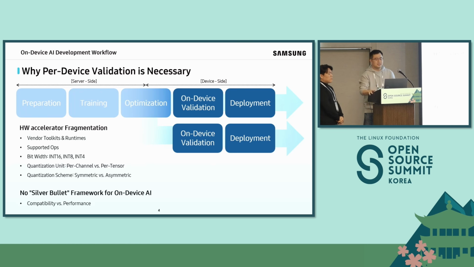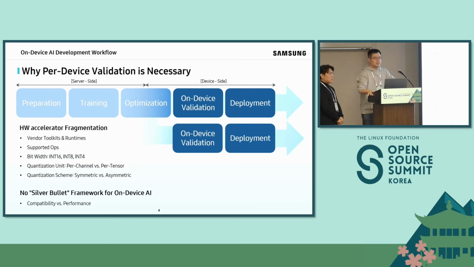However, to achieve optimal performance, we must consider the target accelerator right from the optimization phase. This is because every hardware accelerator is different. They all vary in their vendor-specific toolkits and runtime support, supported operations, quantization bit-width, quantization unit, and scheme.